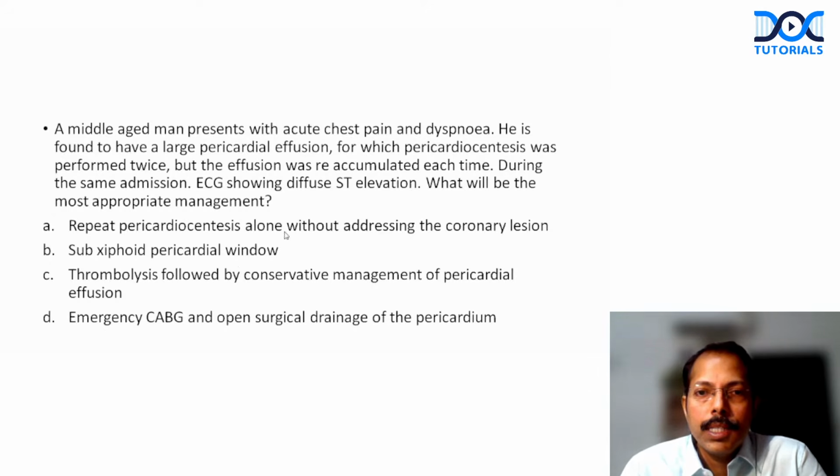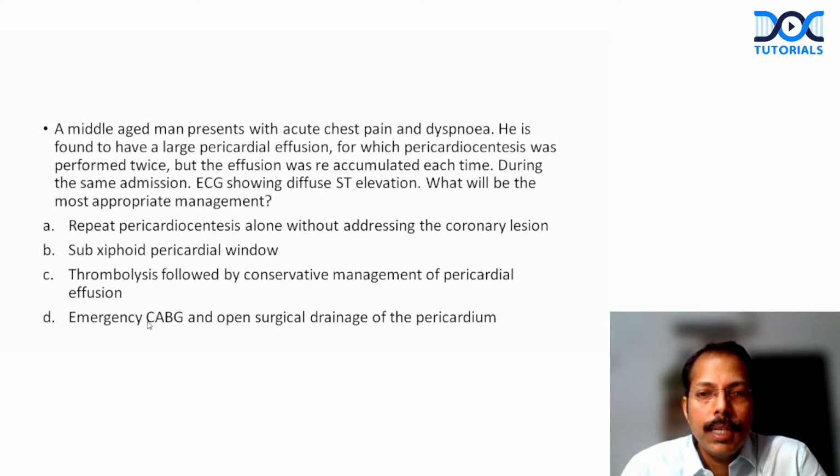And thrombolysis: only with ECG ST elevation, you cannot conclude that the patient is having MI unless it has been clearly given in the question as MI. You should not take it as an MI, because this diffuse ST elevation can be a typical feature of acute pericarditis. I will be showing a picture so you won't forget.